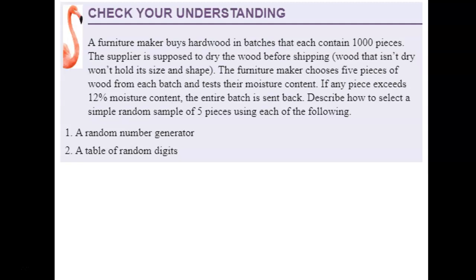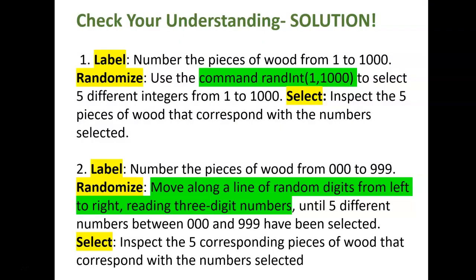So again, I'm kind of cheating. I'm going to show you the answer here. I did some highlighting. Remember, 3 things: label, randomize, select. First thing we would do, and this cracks me up because we'd have to do this, is label the pieces of wood from 1 to 1,000. I don't know how you're doing that, but all you have to do as a stats person is say, okay, we're going to label them.